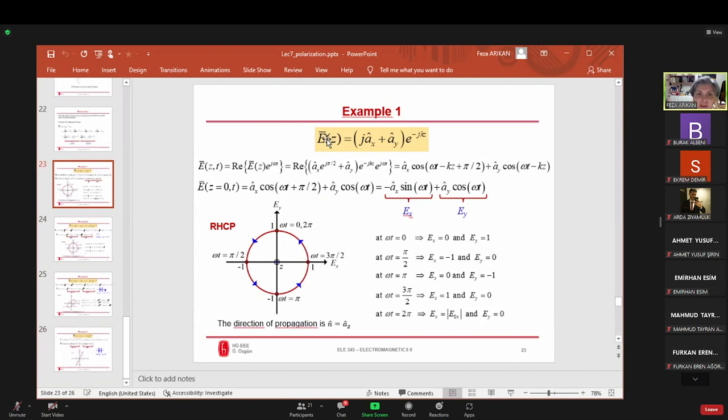For example, E is given to you as j ax plus ay, e to the minus jkz. Her zaman time domain'e dönün. Burayı takip edemiyorsanız phase difference'ları vesaireyi, tamam mı? Şimdi gördüğünüz gibi bir kere nasıl bir polarizasyon? Bakar bakmaz bir kere bu ya elliptical ya circular bir polarizasyon. Bir kere neden?